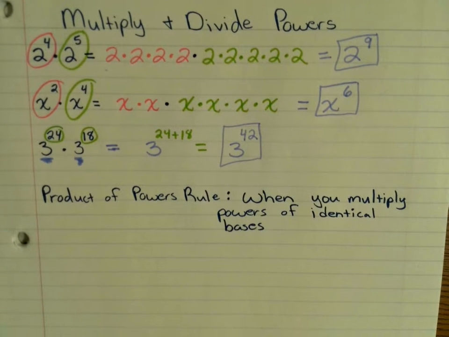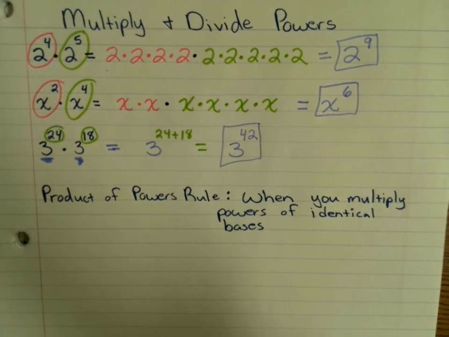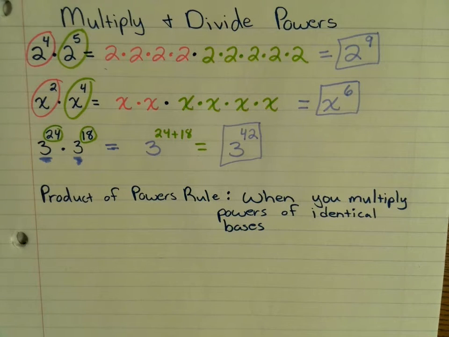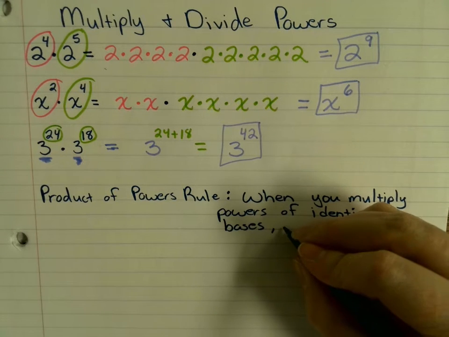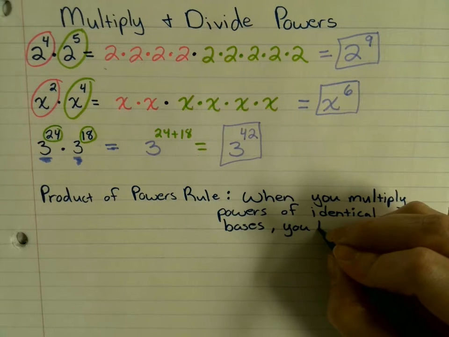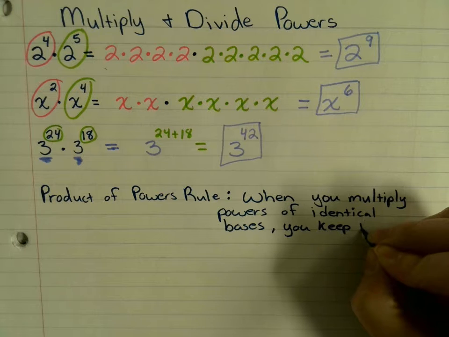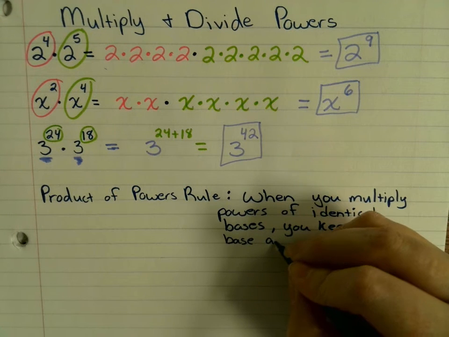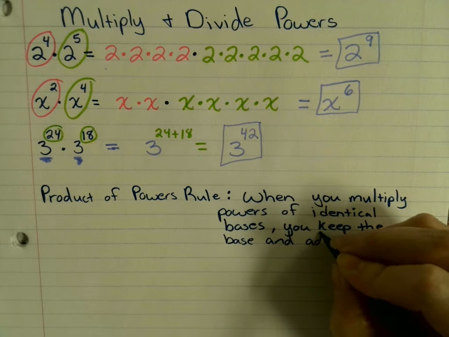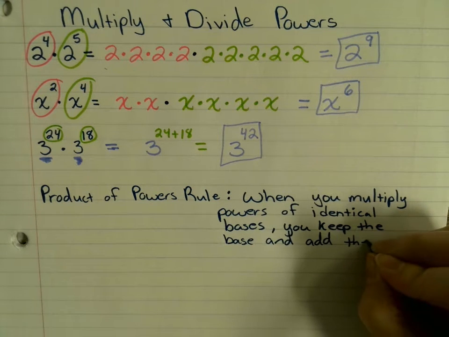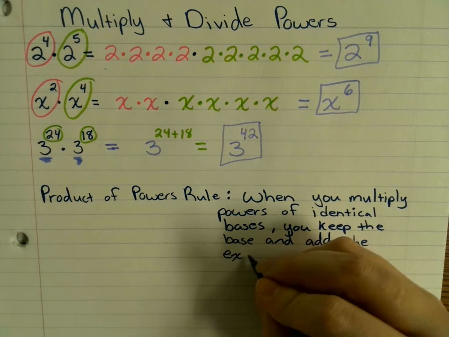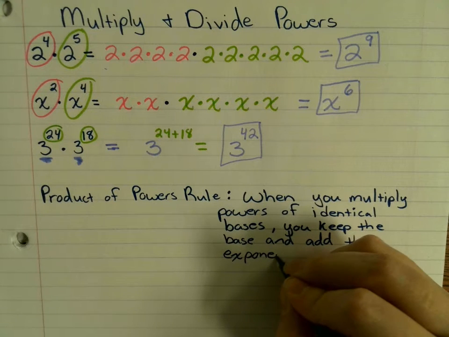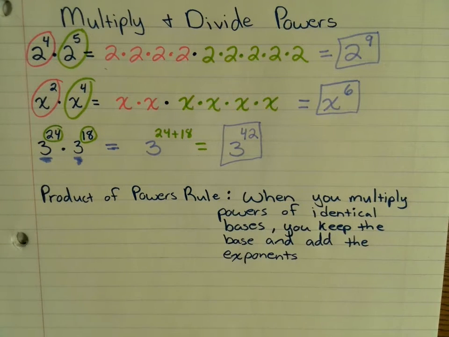The bases have to be the same. If you're multiplying powers that have identical bases, then you keep the base. You have to keep the base and add the exponents. That's all you're doing. You're going to keep the base and then add the exponents together.